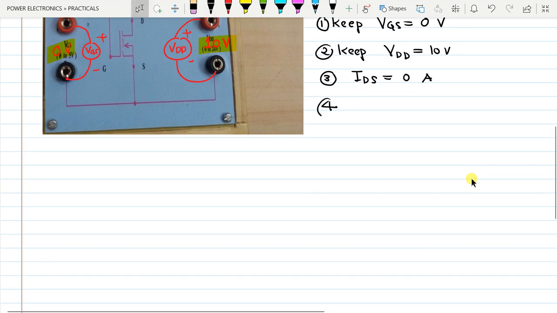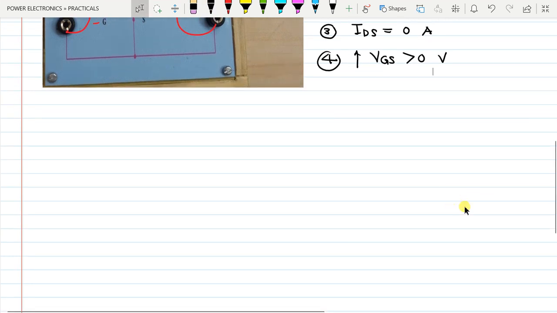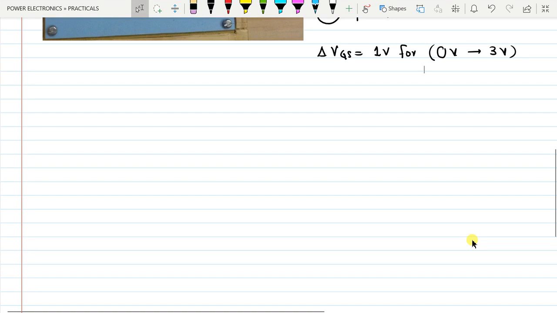Now increase VGS above 0 volts. Students, what you have to do is, use delta VGS equal to 1 volt for the range 0 volts to 3 volts, and once VGS is equal to 3 volts, beyond that the change in VGS is equal to 0.1 volts.